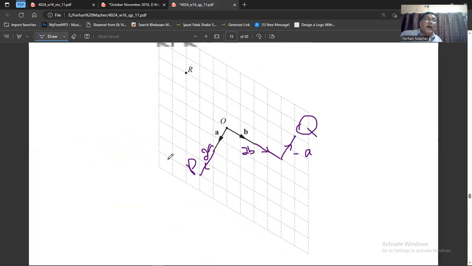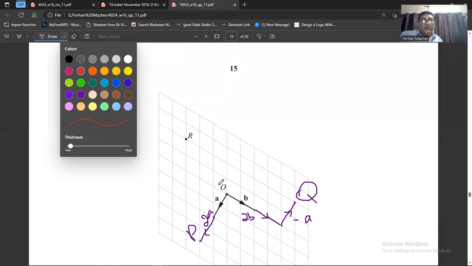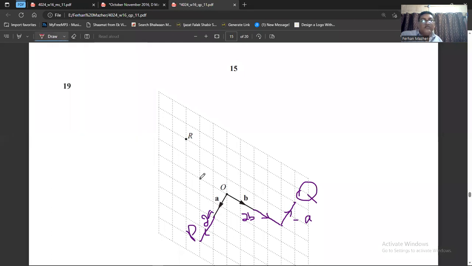OR. So OR is here. So this will, let me change the color. So this is minus B, minus B, minus A. So you go here.